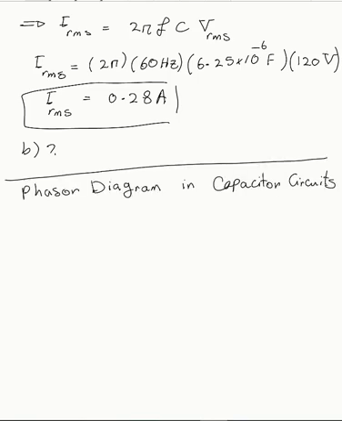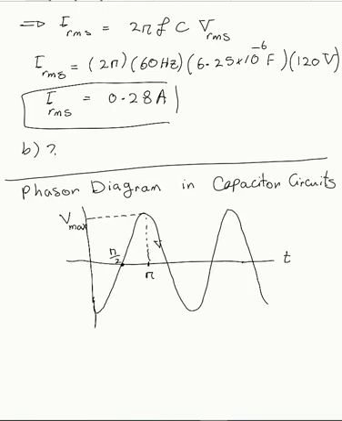Okay, now let's take a look at how the phasor diagram looks in capacitor circuits, or basically how current and voltage relate to each other. What you can see in this figure here is the voltage versus omega t.